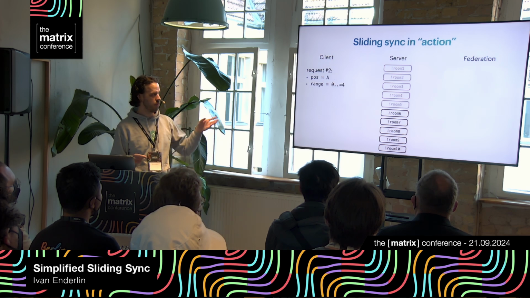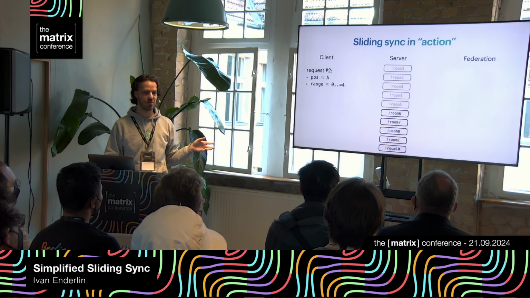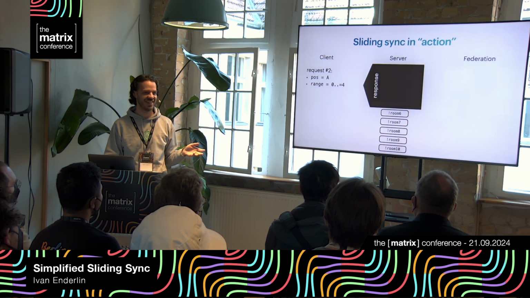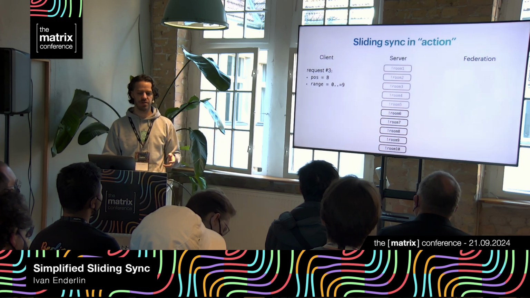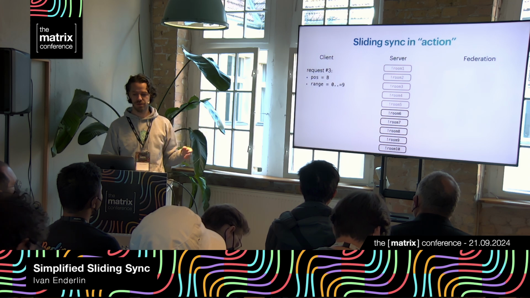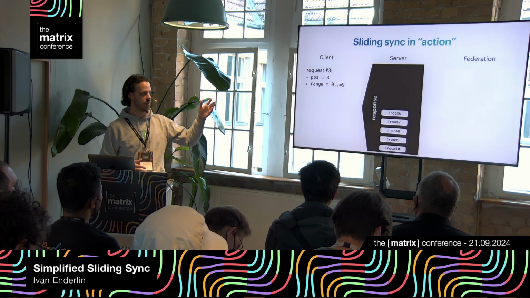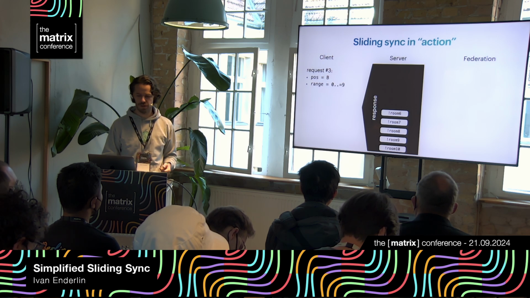Request number 2, now we have a position, for example, and the range is the same. So what is going to be the result? Nothing, the rooms have been consumed already. So we have to increase the range. Request number 3, the range now asks for 10 rooms. The server selects 10 rooms, only 5 have an update, so let's return 5.